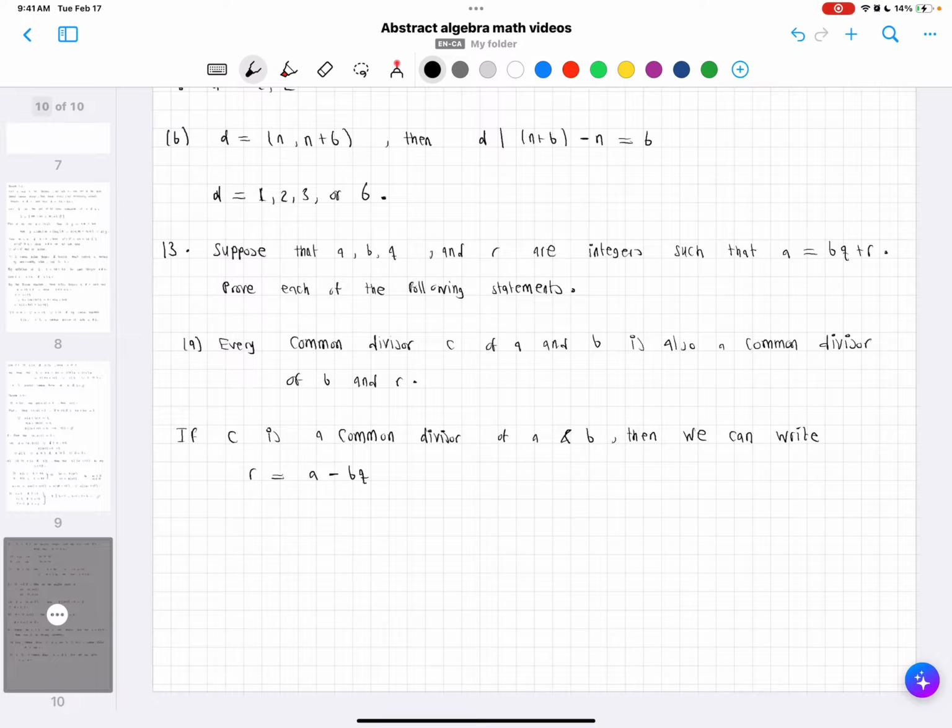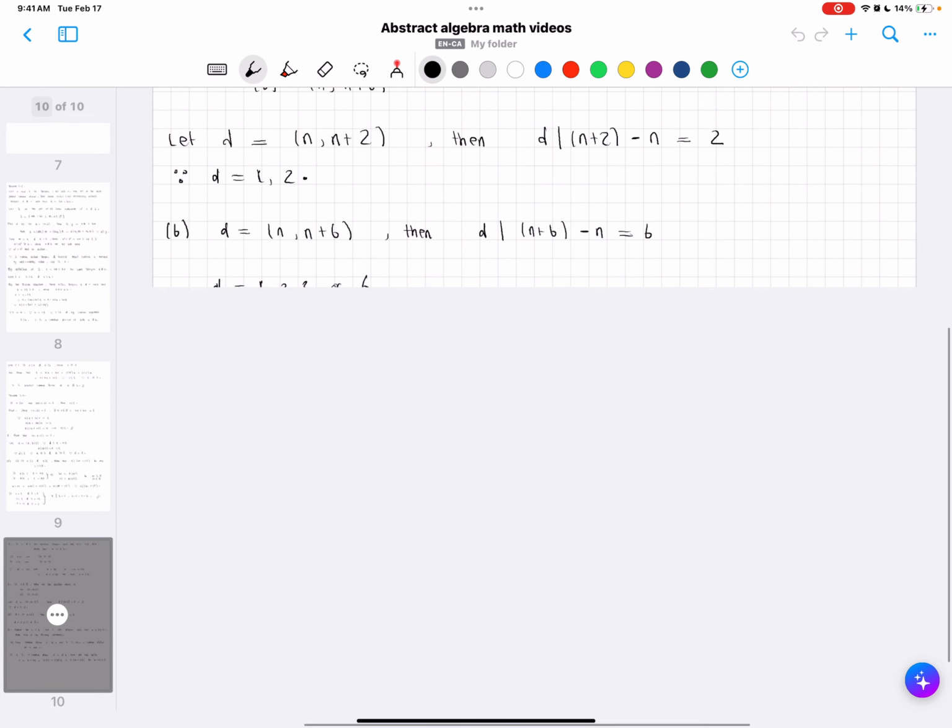And because C is a common divisor of A and B, that means we can write A as C times K, an integer multiple of C, and same thing with B. So we can factor out a C, and we have that C is also a divisor of R.